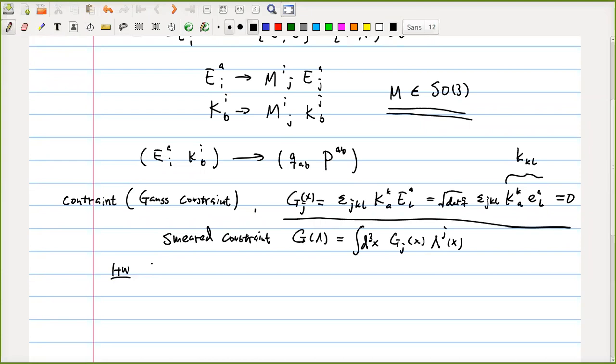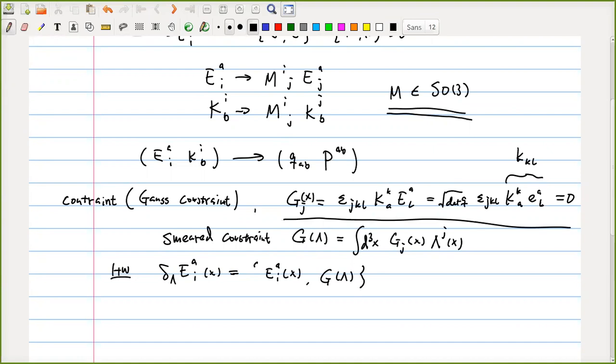It is easy to check that you can consider the gauge transformation generated by this constraint, similar to what we have done for the ADM variables, but now we have a new constraint. You consider this Poisson bracket with E and phi.